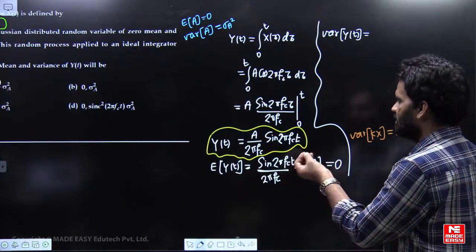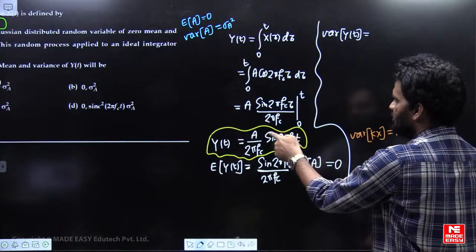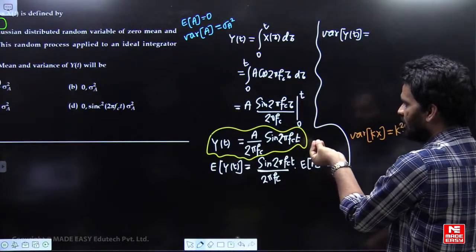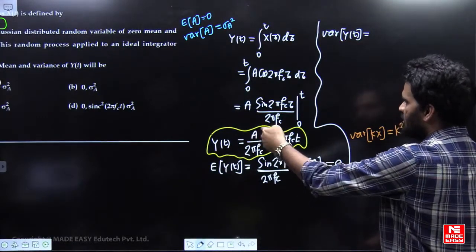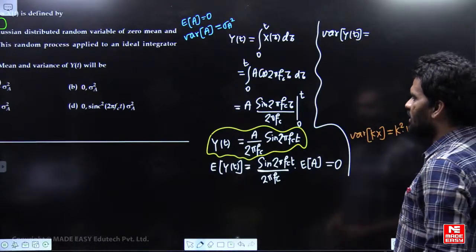At the given t, we find the variance at a specific time instant. sin(2πf_c t) upon 2πf_c will give you some value, some k. I am just seeing this as k times some X, where X is the random variable, here A is the random variable. So the variance of kX is k squared variance of X.